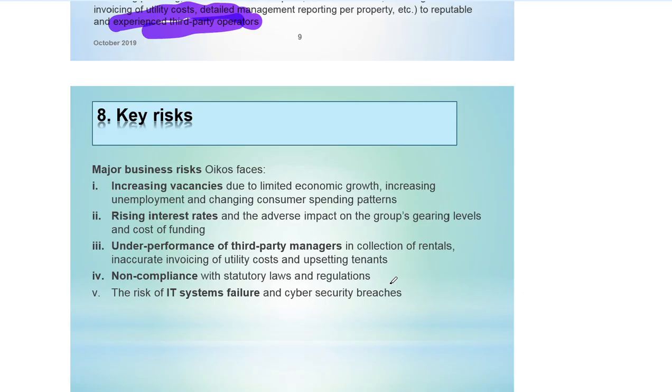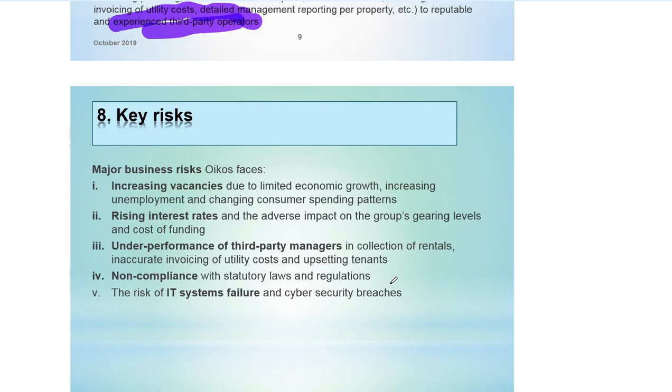They cannot stay in business if the consumers are not coming to buy whatever they're selling. So if the unemployment rate increases, it means that people are at home and not going to the shops. If they're not going to the shops, there'll be no money made by the tenants.